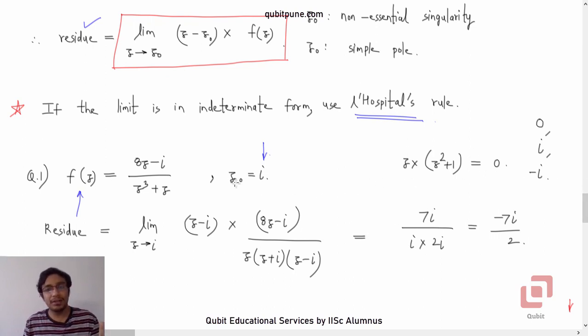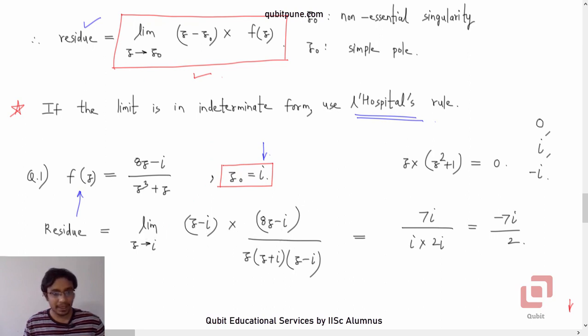Then it is asked to find the residue of this function at z0 equal to i. So we will make use of the fact that it is a simple pole, a pole of order 1, and use this formula. The residue will be given by the limit as z tends to i of z minus z0 into f of z.